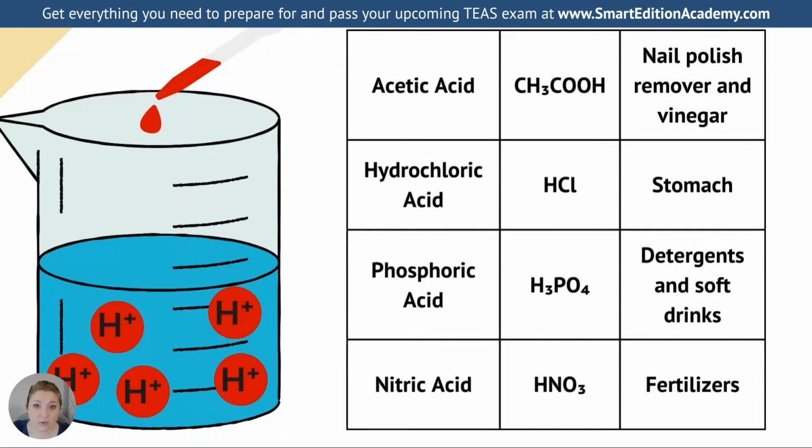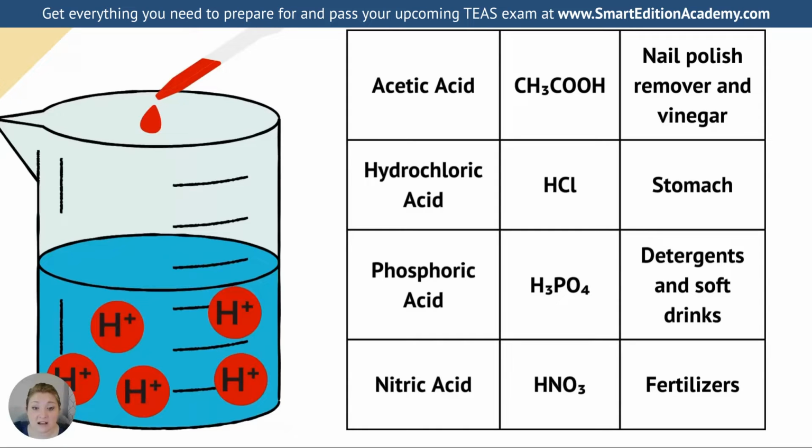So one thing I want to point out really quickly is you might notice a pattern of repetition here in those chemical formulas. If you take a look at hydrochloric acid, phosphoric acid, and nitric acid, all of the acids start with an H. Now remember, when we put those acids into water, that H is going to break off and the hydrogen concentration in the water will increase.